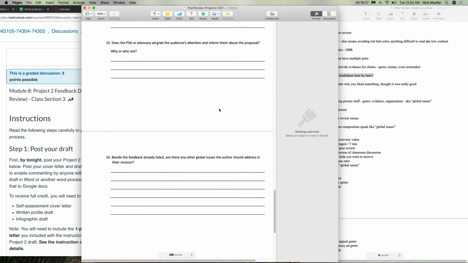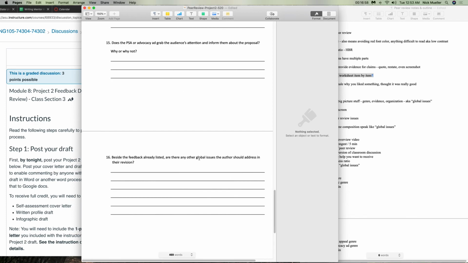So think of how, if the PSA or advocacy ad isn't grabbing you in an emotional way, what would be the way to accomplish that with the minimum amount of changes in the design your peers offered, or in the text within that design? Is there some gap in between the text written and the design, or is it more of the design itself that's preventing you from being grabbed? All right.